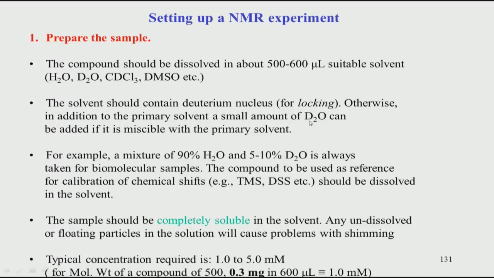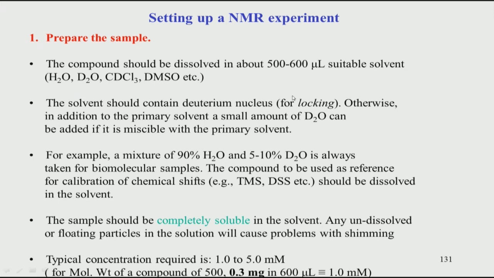You do not see the deuterium signal yourself; it is happening in the background. The deuterium signal is continuously monitored by the hardware, and as the drift takes place, the signal is corrected, and the magnetic field is kept at the same value as the experiment proceeds.